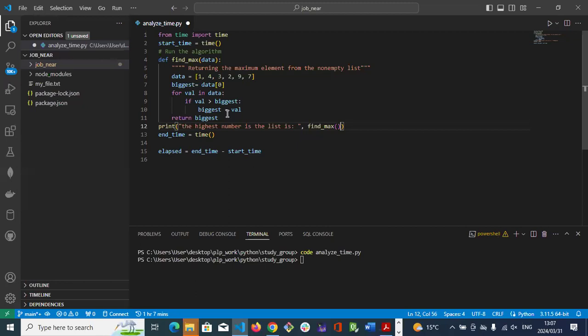After we run this, we need to print the time. How long does it take?